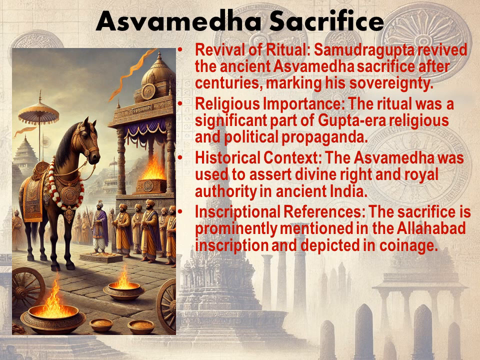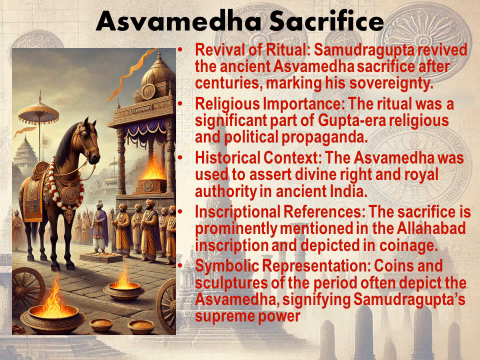So this has been mentioned in the Allahabad inscription, and also there are Ashwamedha sacrificial coins which have the image of this event depicted in the numismatic sources. Coins and sculptures of the period often depict Ashwamedha, signifying Samudragupta's supreme power.